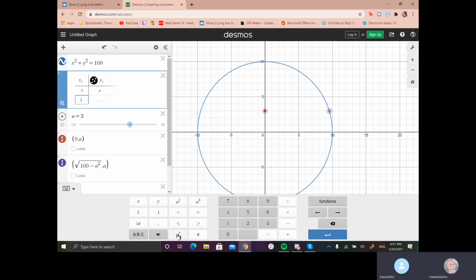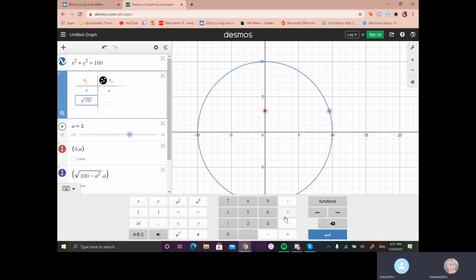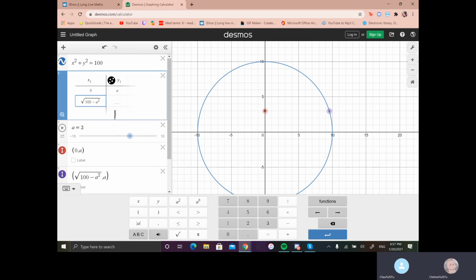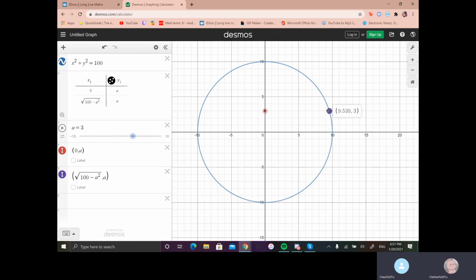Square root of 100 minus a squared, and 0. Then click on that black circle for 2 seconds so that you can draw a line. Go to lines. Line. Okay. So now drawing our cone.